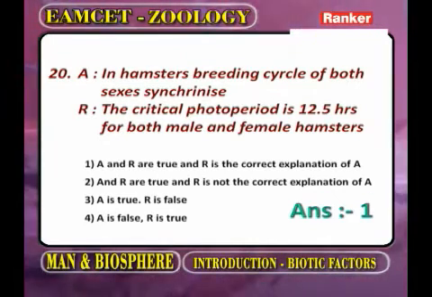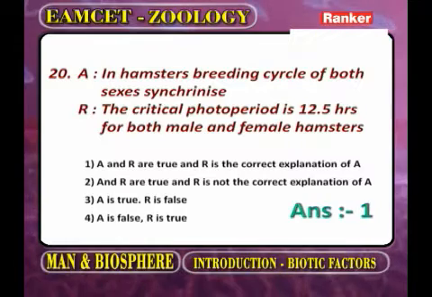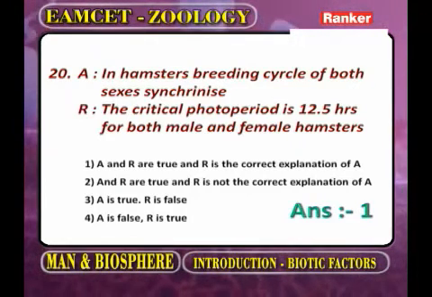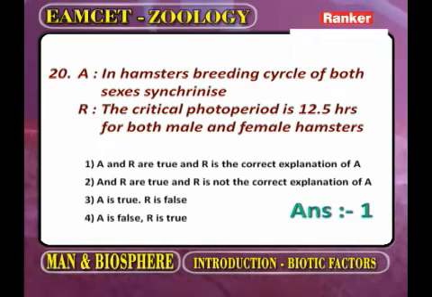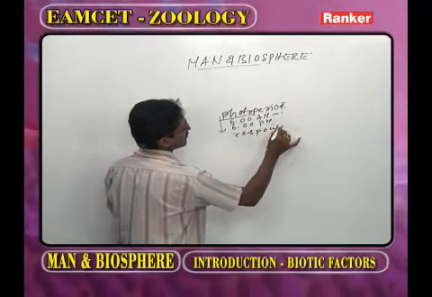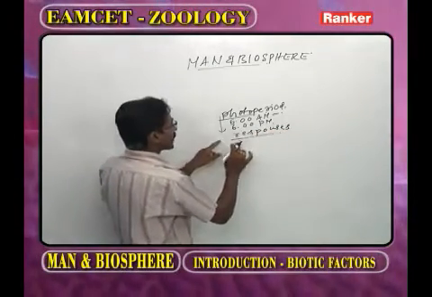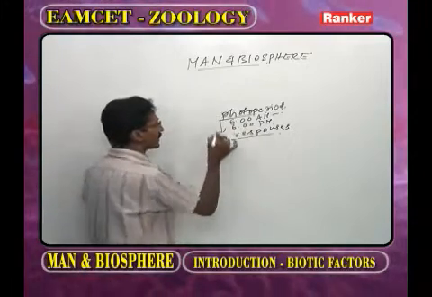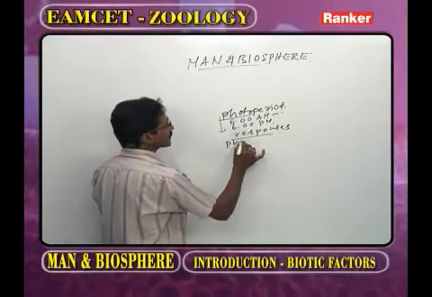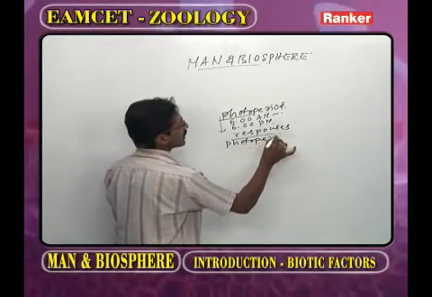Availability of light from sunrise to sunset, that is 6 a.m. to 6 p.m. This is the period in which the light is available. That we call the photoperiod. In the photoperiod, the animals show some responses. The responses during the photoperiod, that we call photoperiodism.